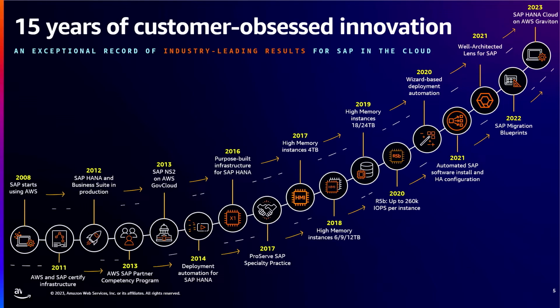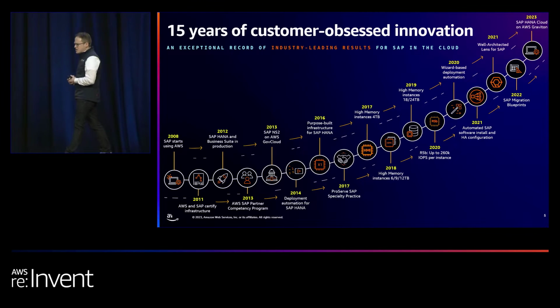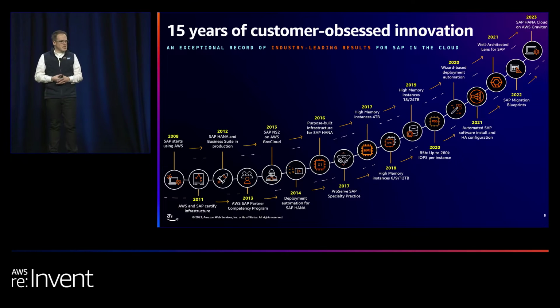I won't spend a lot of time on that, but this project is built on the back of a very long partnership that we have with SAP. I'm sure many of you have heard how at AWS we like to start with customer requirements and then work backwards. Our relationship and the work that we've done with SAP is no different. So very early on into this thing we like to call cloud now, customers were asking us, what do you think about running SAP in the cloud?